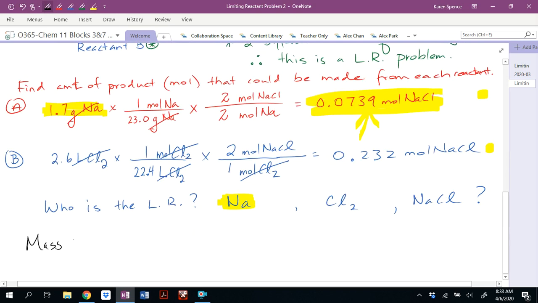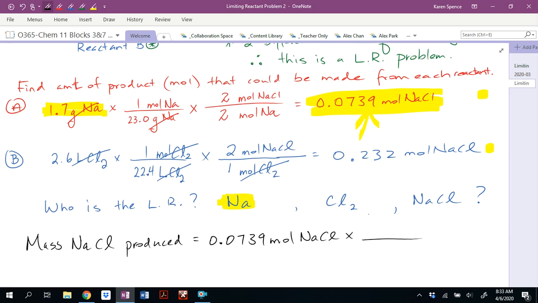So mass of NaCl produced is 0.0739 moles NaCl times the molar mass of sodium chloride, which is, hang on a second, that looks wrong, 35.5 plus 23 is 58.5 grams of sodium chloride per 1 mole of sodium chloride.